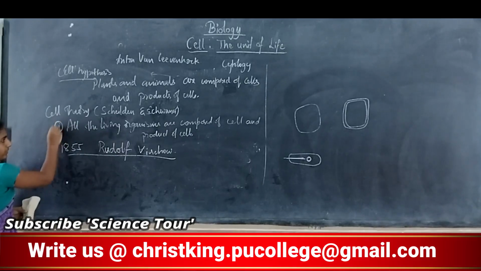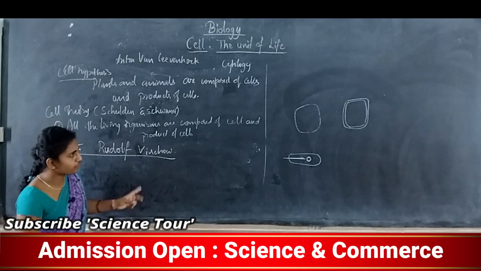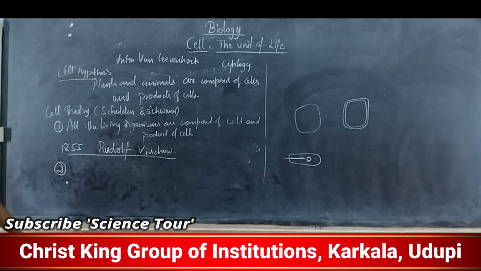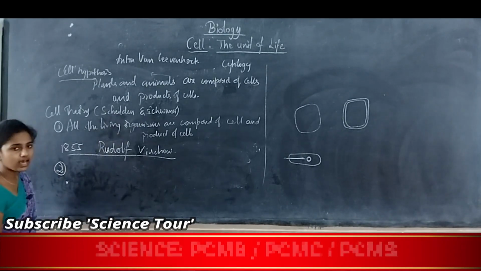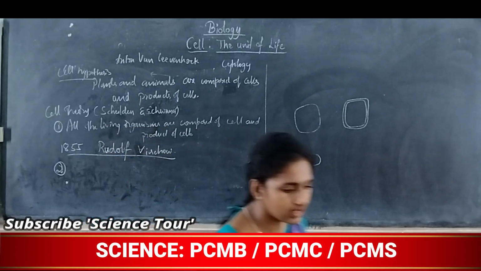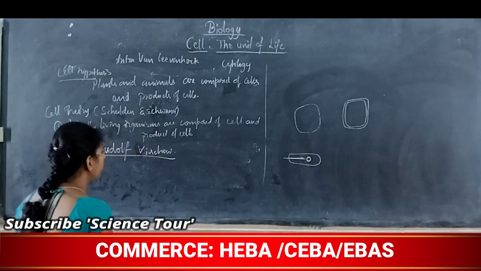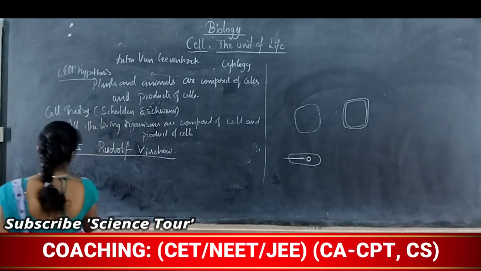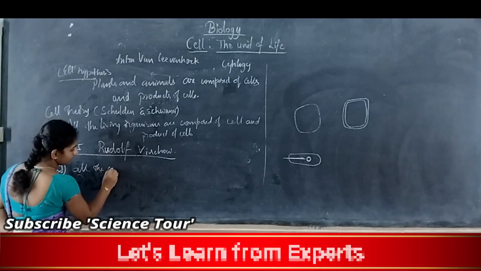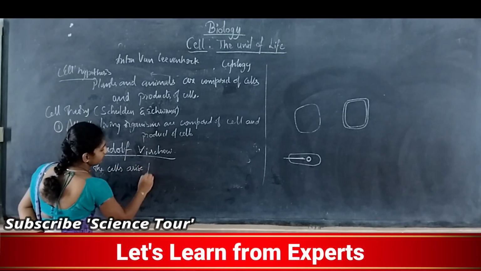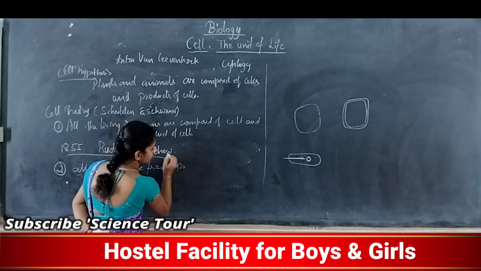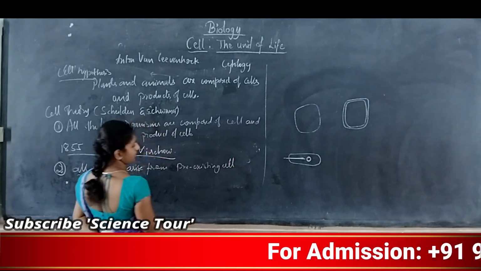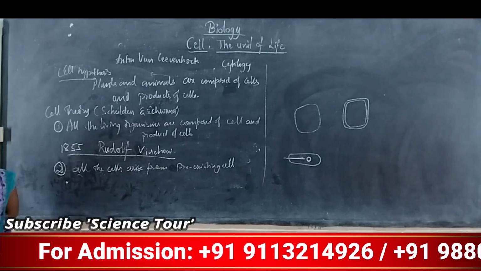All the living organisms are composed of cells and they are products of cells, and he added one more point to the cell theory: all the cells arise from pre-existing cells.